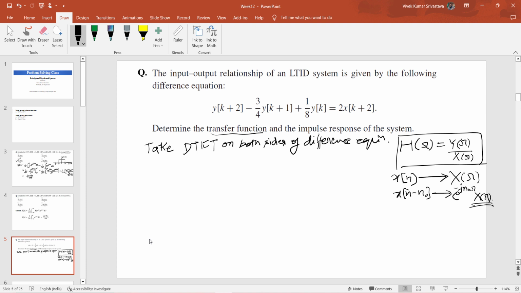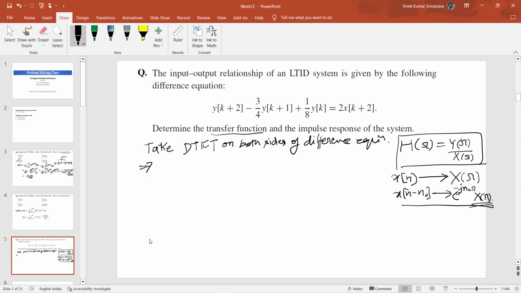So this is basically the shifting property of the discrete time Fourier transform. Here we will use this property first of all. Let us now solve this difference equation by taking the discrete time Fourier transform on both sides.